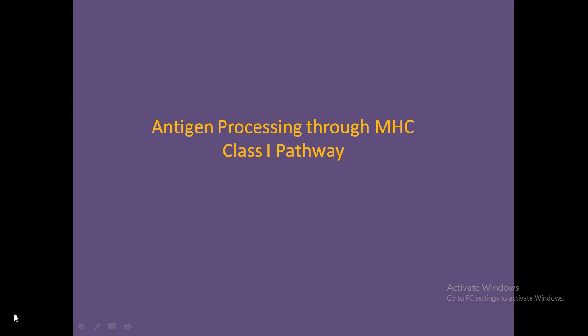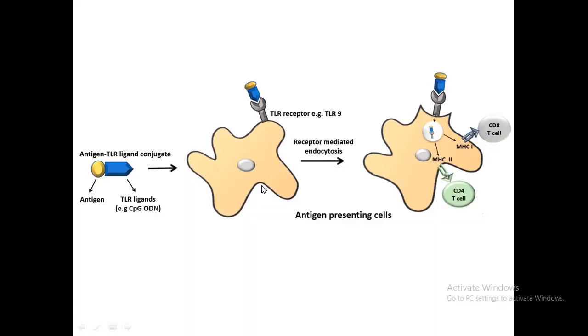Everyone, today in this video we'll discuss antigen processing through the MHC class 1 pathway. As we know, antigen processing is an important, essential part of the removal of antigen from our body. Antigens are foreign particles, and when these foreign particles enter our body they induce an immune response.